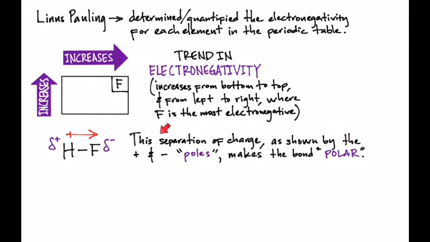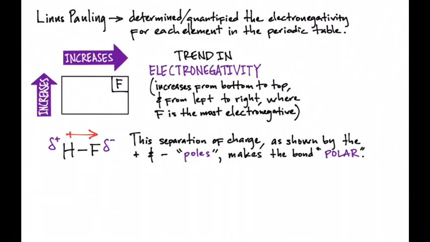Okay? And this separation of charge makes the bond polar. So the bond between the hydrogen and fluorine is polar. So that's the definition of polarity. When the bond is between two different elements with different electronegativities, then the bond that's formed between them is known to be polar.